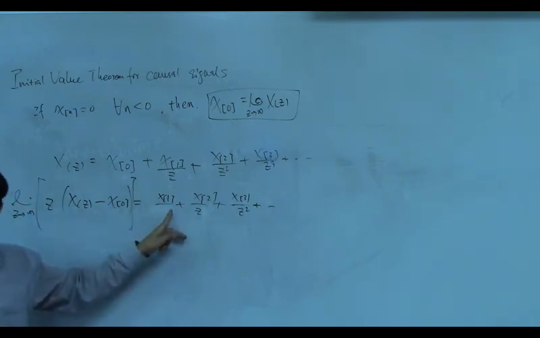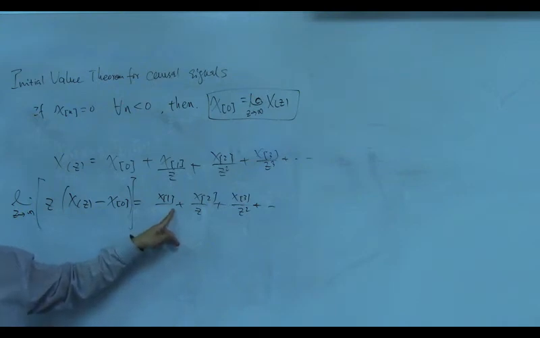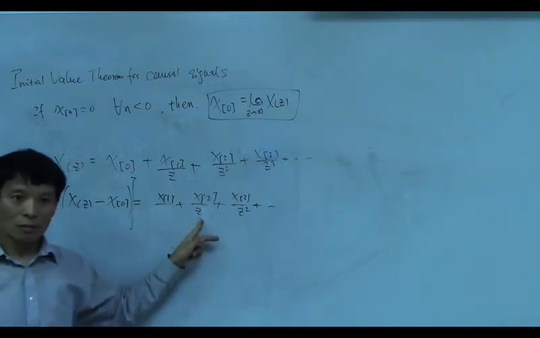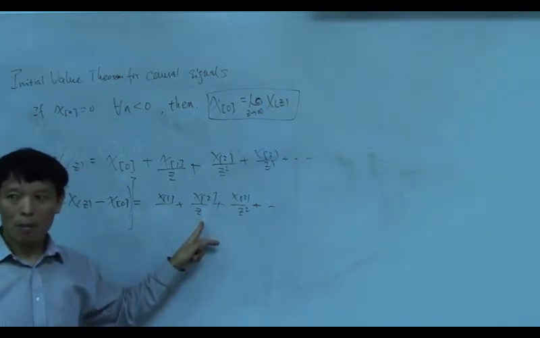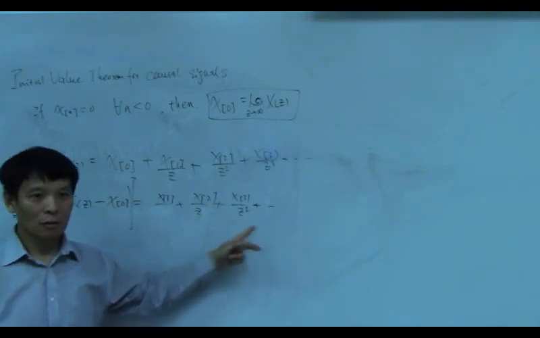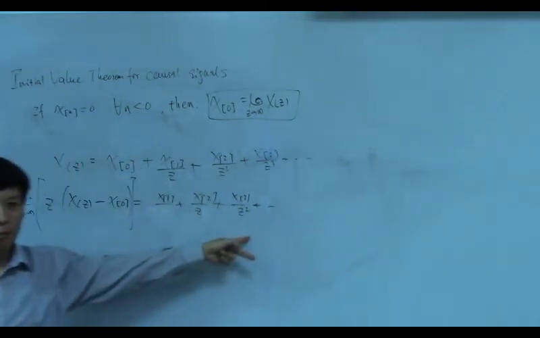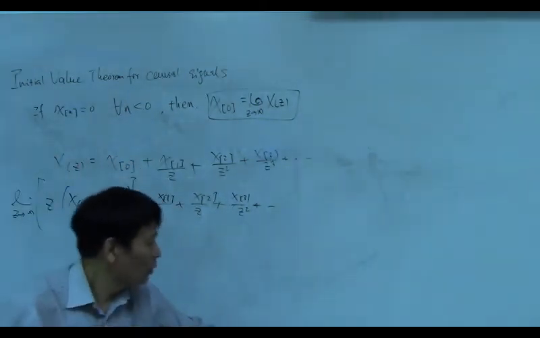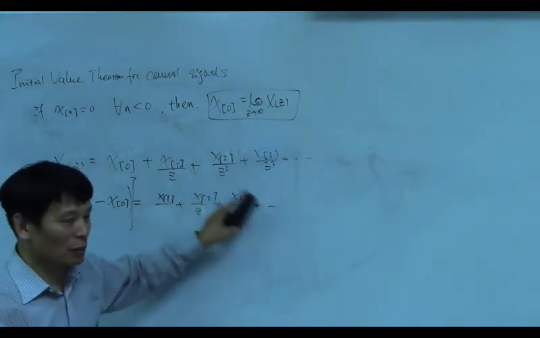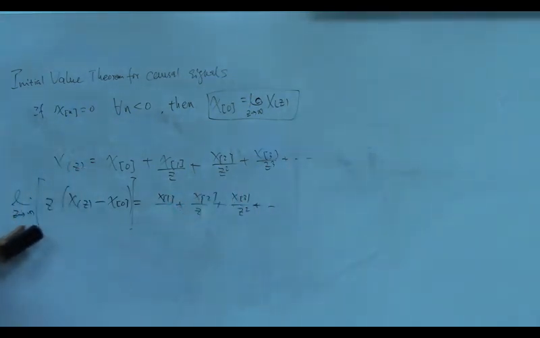What is this? That's a constant. So what is it? Still here, right? What is this? 0. What is this? Okay, so now we are going to remove these terms. So x1 equals this, right? So we can find x1. Does it make sense?